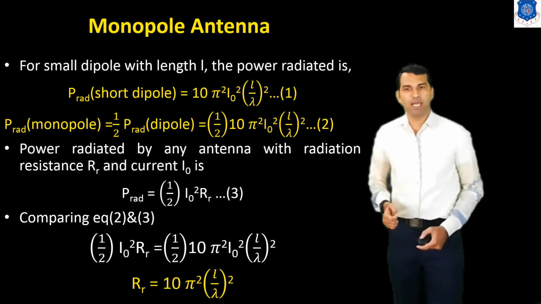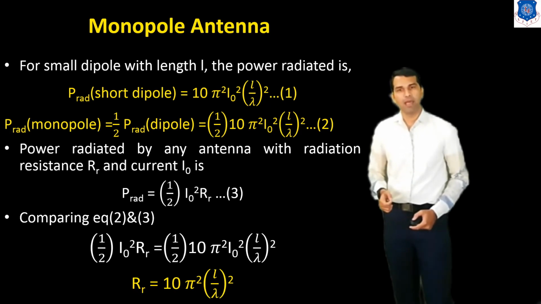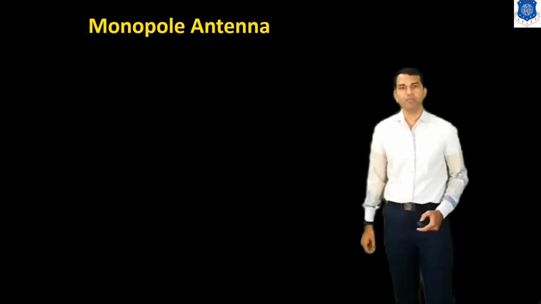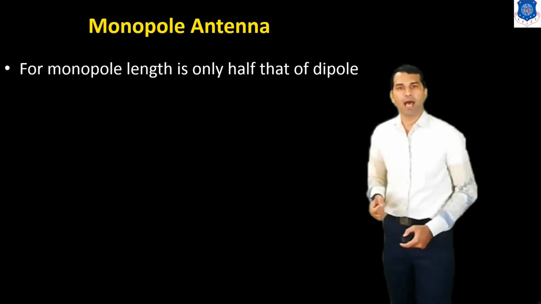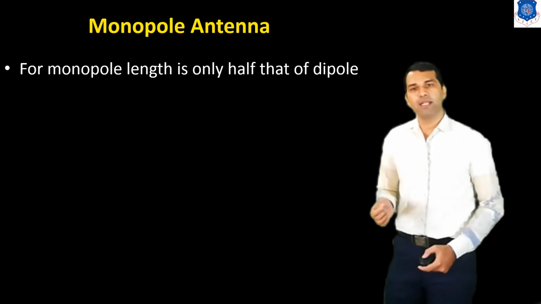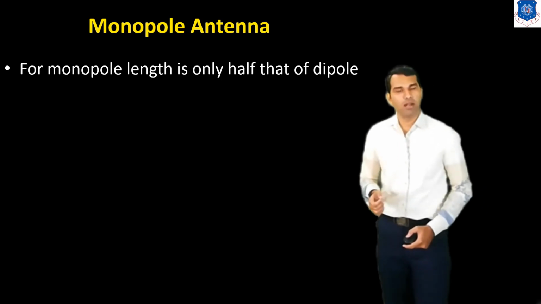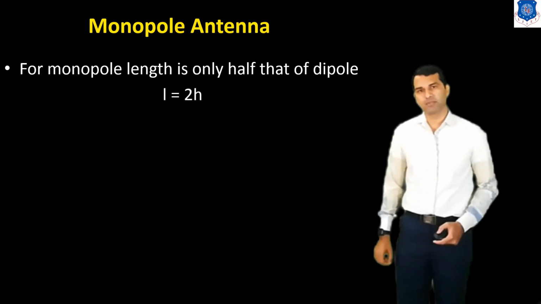So we can see here the radiation resistance value depends on L and λ. Now, the monopole length is only half that of the dipole. We know that the monopole antenna length is half of the dipole, so L is equal to 2h.